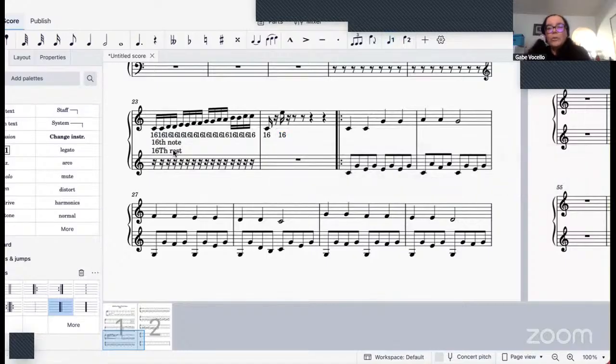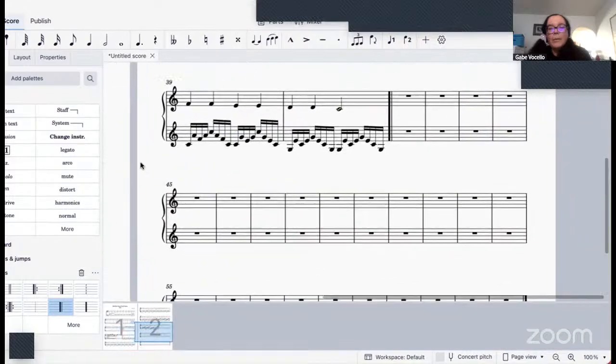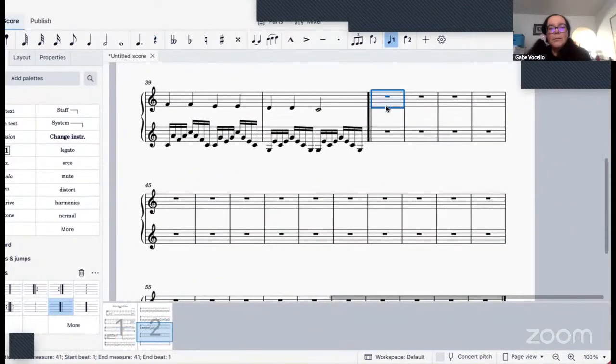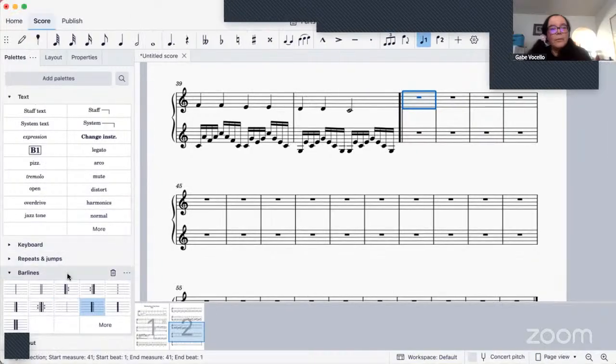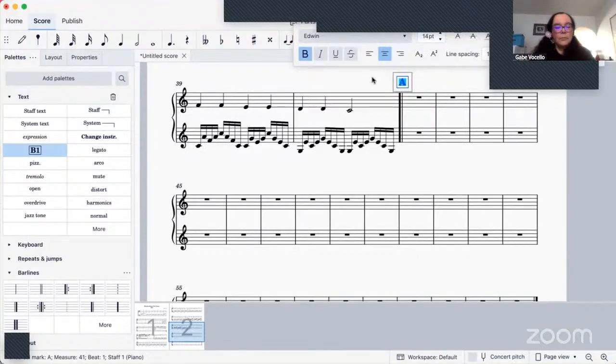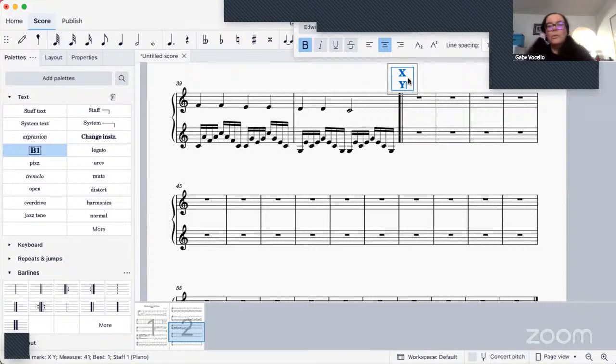Okay? So the time signature, X is the numerator. Y is the denominator.